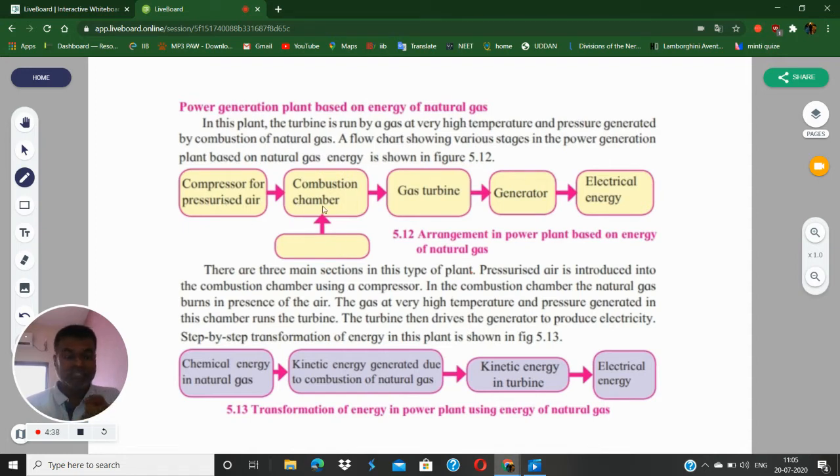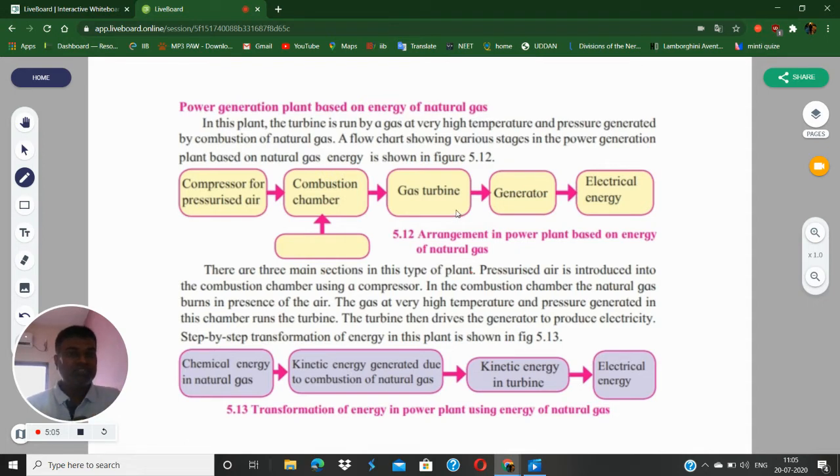Sometimes the flow chart is given to you randomly arranged, not in sequence. We have to arrange it in the regular order and correct it. Such a question carries 2 marks and is very important from the exam point of view. So we should learn it carefully.